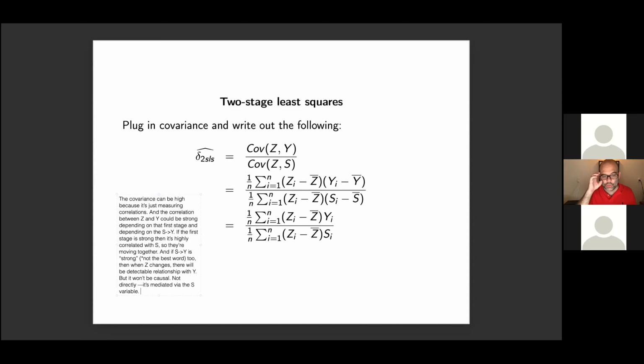So what this means is you really can't learn a lot from the reduced form about things like causality. You can estimate it, but you can't determine exclusion by running this covariance or its regression counterpart.